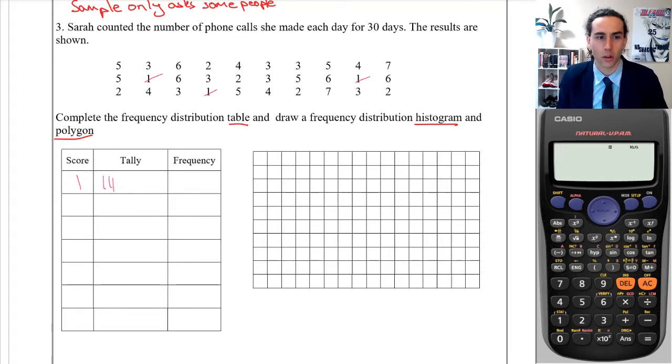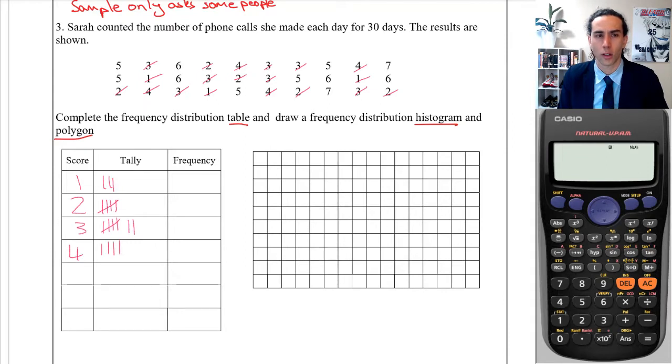We go to score 2. How many of those? 1, 2, 3, 4, 5. How many 3s? 1, 2, 3, 4, 5, 6, 7. 4s: 1, 2, 3, 4.